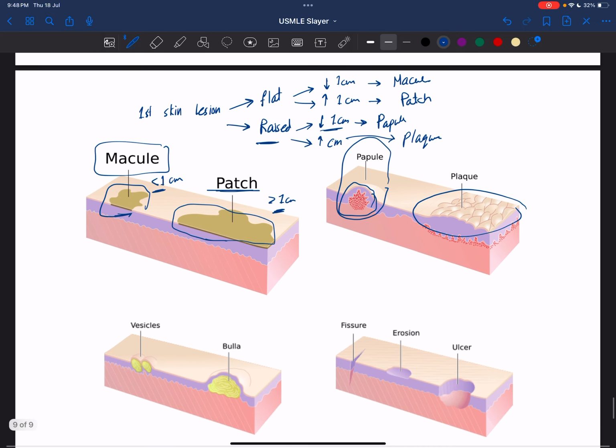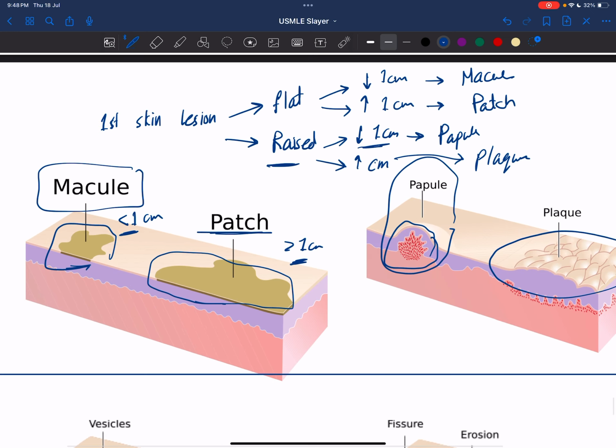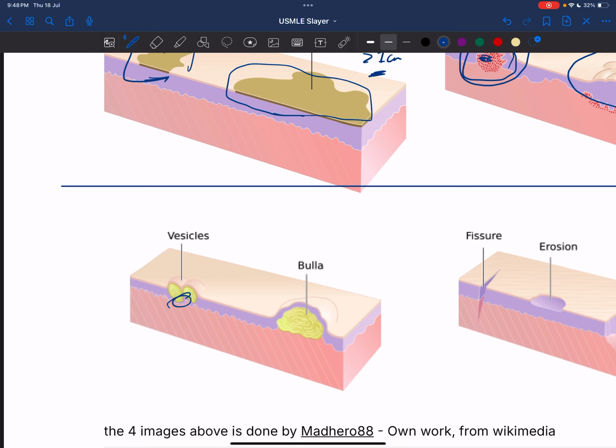So these pictures are really important for you to remember, and these are kind of the hard ones to remember. We have a third group, which is fluid filled, and you can say that it's part of the raised ones, because the raised ones are of two types. There is a type that is not fluid filled, and there is a type that is fluid filled.